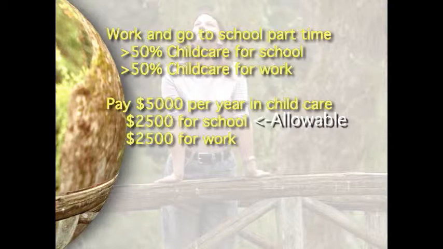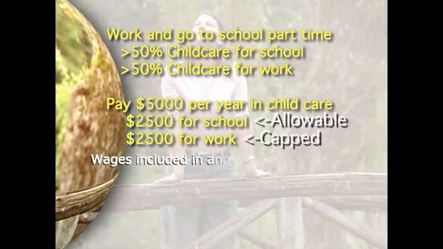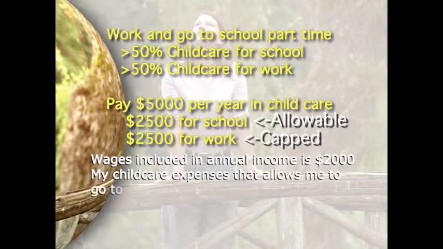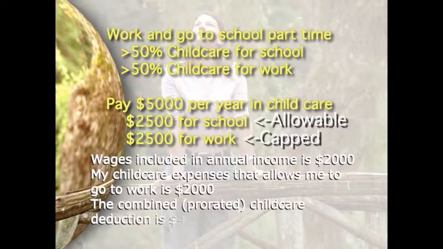The $2,500 to enable me to go to work is capped by the amount of earned income included in annual income. My wages that are included in annual income is $2,000. Therefore, my child care expense that allows me to go to work would only be $2,000. The combined prorated child care deduction is $4,500.